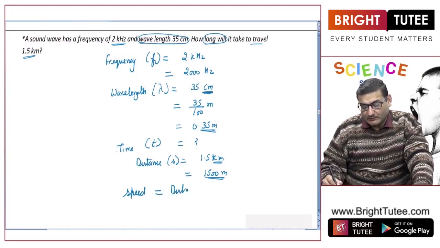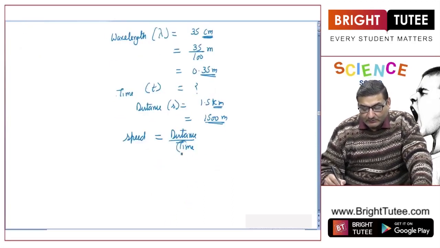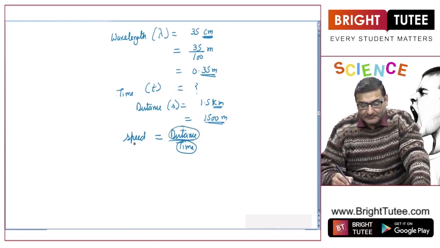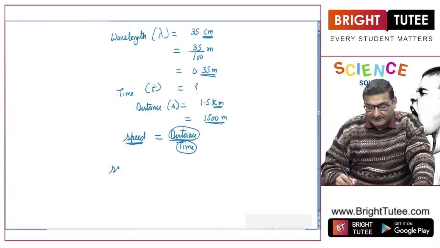Speed is equal to distance travelled upon time taken. Now time I need to calculate, distance I am provided with the value in the question. The important thing is to get speed. And how am I going to get speed in the case of a wave?